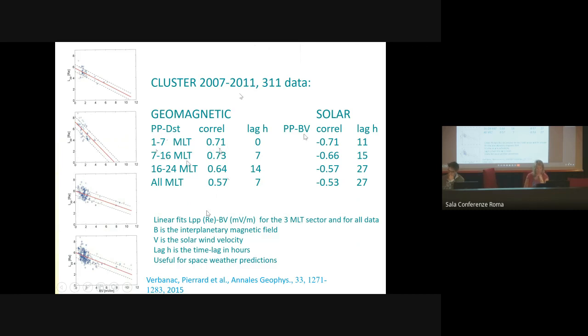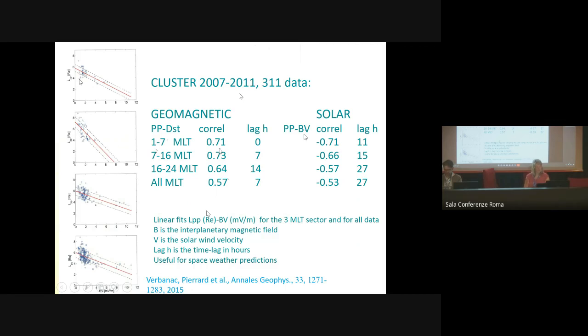At other sectors, you also obtain good correlation, but you have to take into account a lag, because you have to wait for the plasmapause to be transmitted to the other MLT sectors. So you can see that the lag increases to obtain the best correlation.